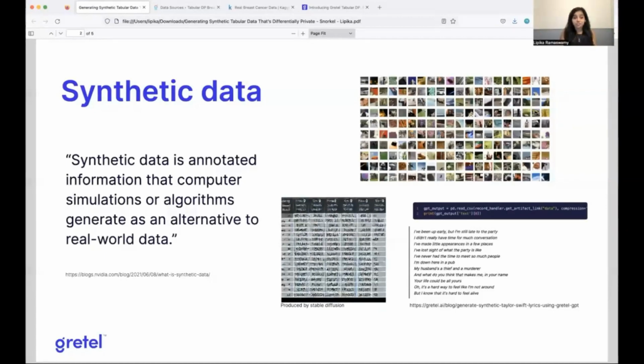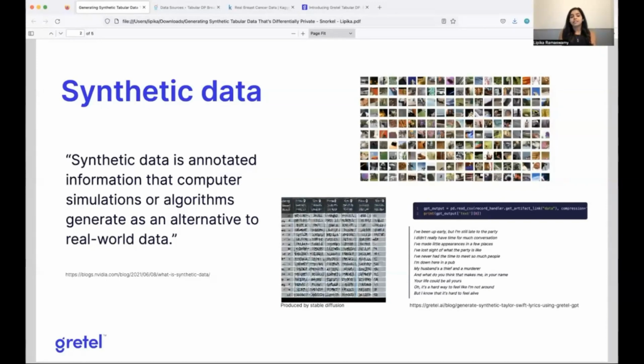There are a myriad of reasons. Some of the most common ones that we see at Gretel are folks either don't have enough of a certain type of data. So consider, if you're trying to study a rare disease and there are only n number of people in the world who have it, in order to generate more data, perhaps to perform a statistical study or to understand something in a mathematical way, you might need more data.